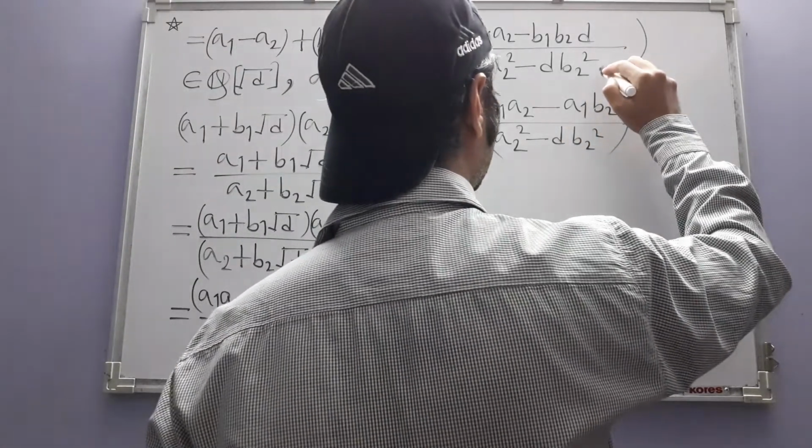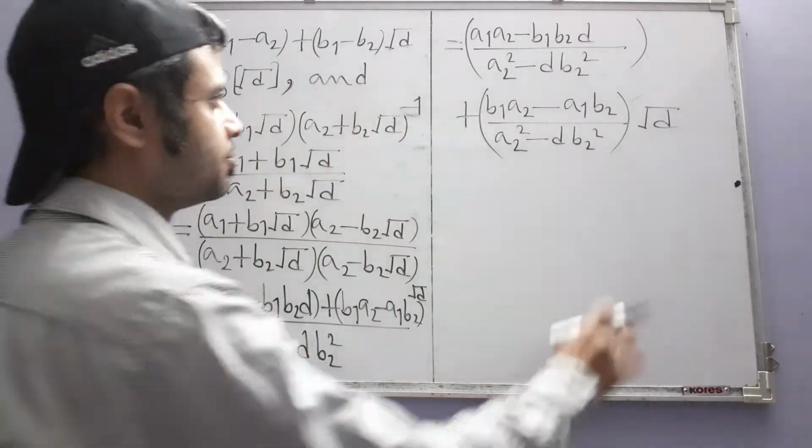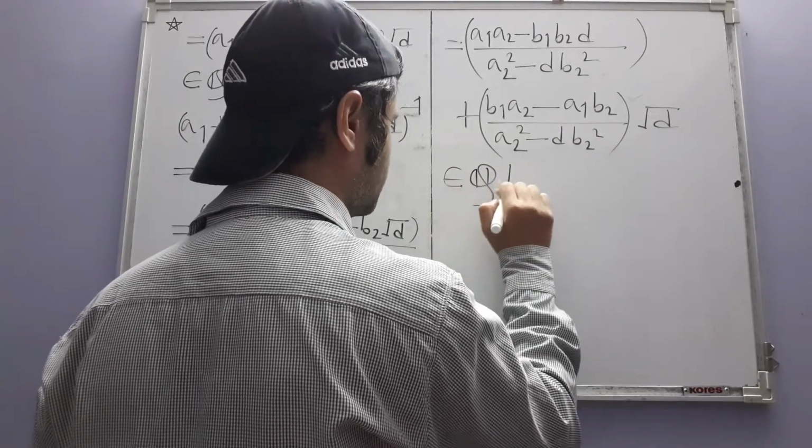So these two quotients are actually rational numbers, and that is why this again belongs to this.